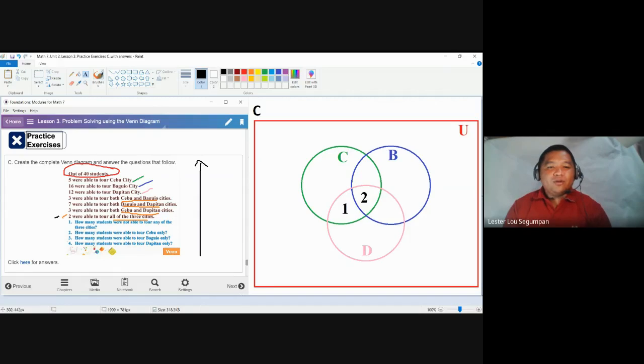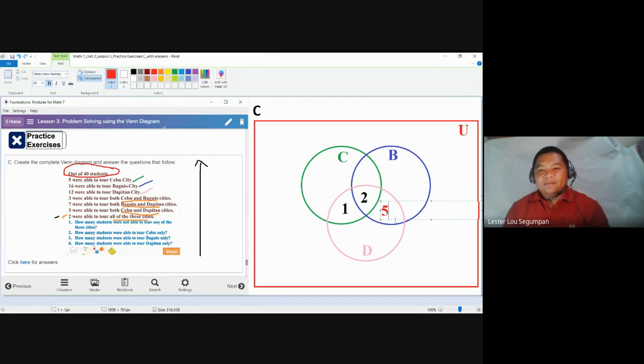Seven were able to tour both Baguio and Dapitan, which is the area I placed earlier. So that's my error. Again, this is the area for Cebu, Baguio and Dapitan. We already have two. To come up with seven, we need to place five.